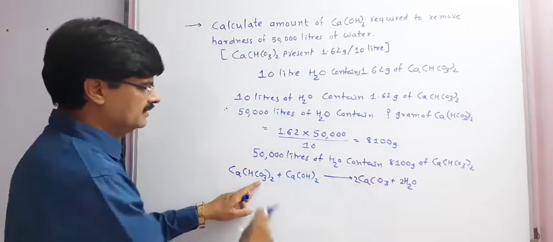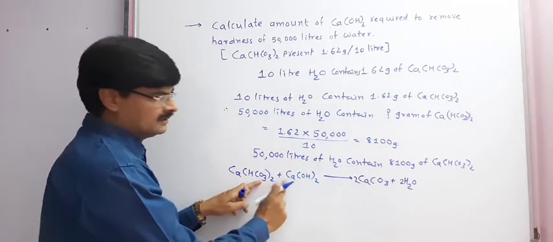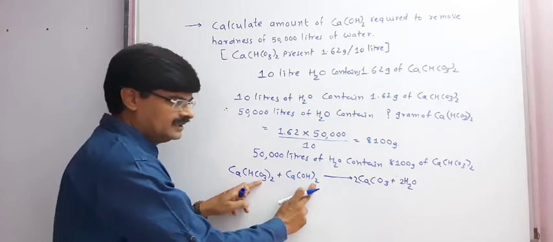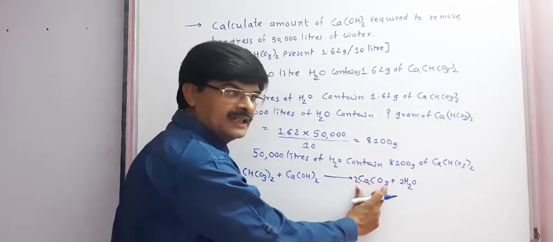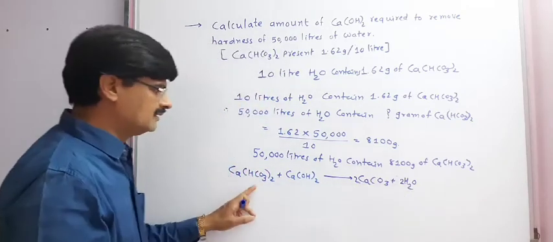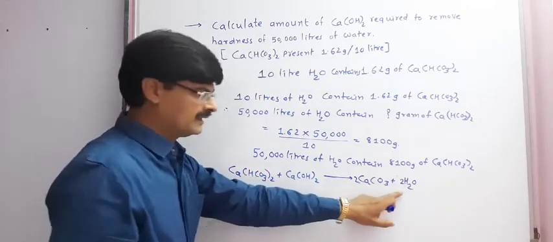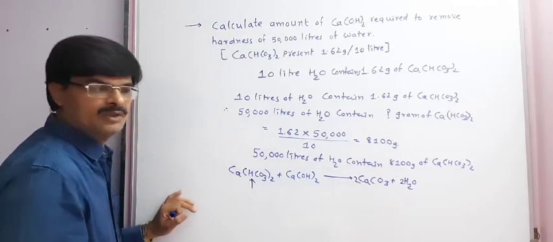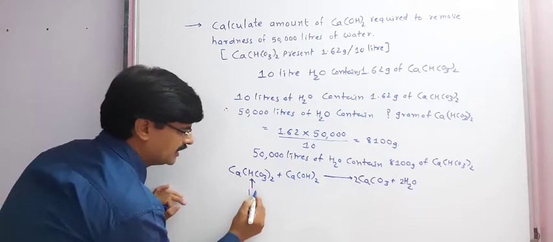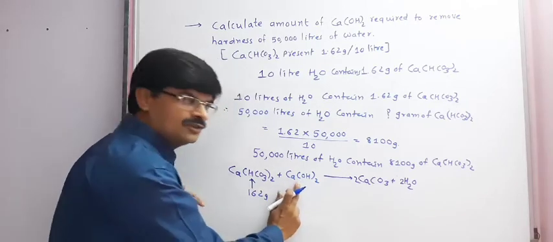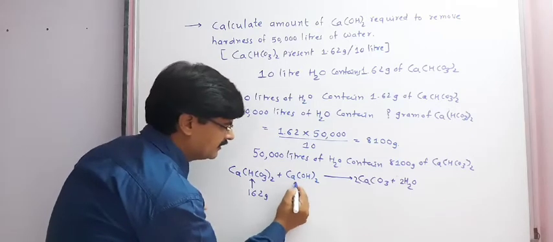Now for oxygen, 3 into 2, 6 plus these 2 will give 8 atoms of oxygen. Same way on the right hand side, 3 into 2, 6 plus 2, 8, means the reaction is balanced. Now molar mass of calcium hydrogen carbonate is 162 gram and molar mass of calcium hydroxide is 74 gram.